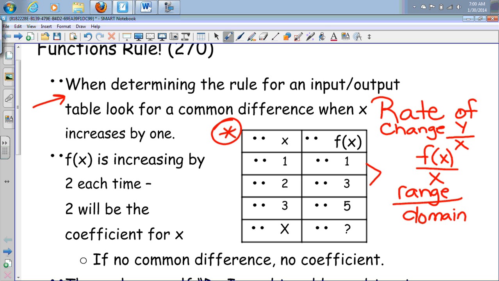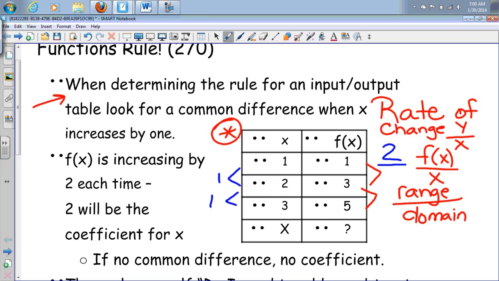Look at the change that's happening from 1 to 3. That's an increase of 2. How about 3 to 5? That's another increase of 2. So the change in y, f of x, or the range, is 2. What's the change in the x? The change in the x is 1.